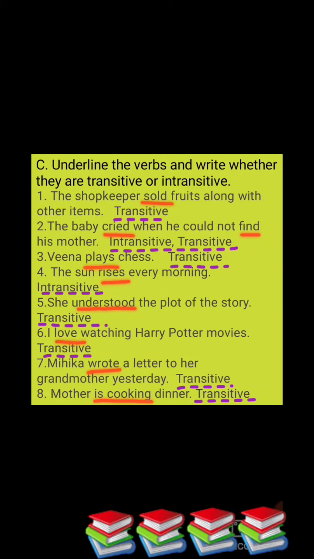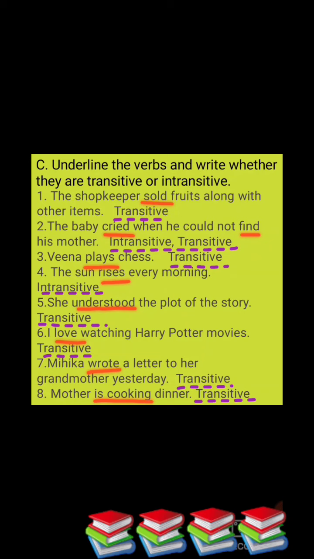Veena plays chess. Plays is your verb, that is transitive. The sun rises every morning. Rises, intransitive, because it is complete itself, no need of any object. She understood the plot of the story. Understood is a verb and a transitive type of verb.